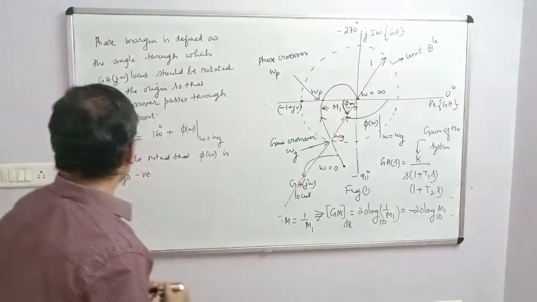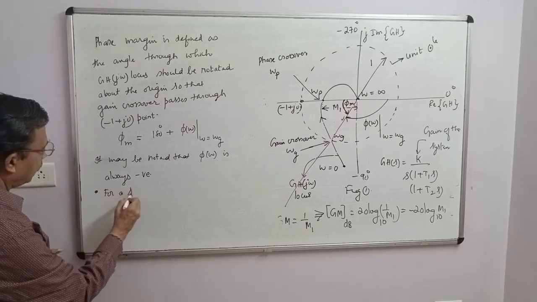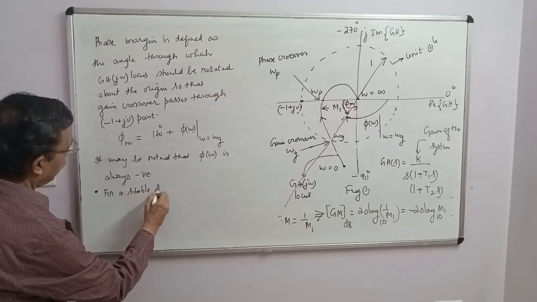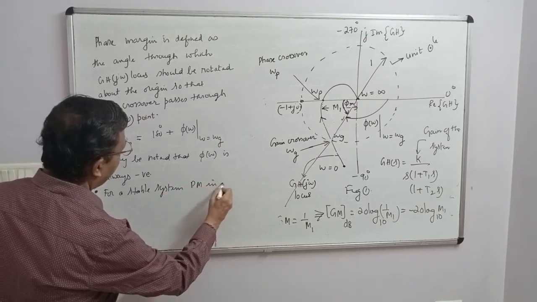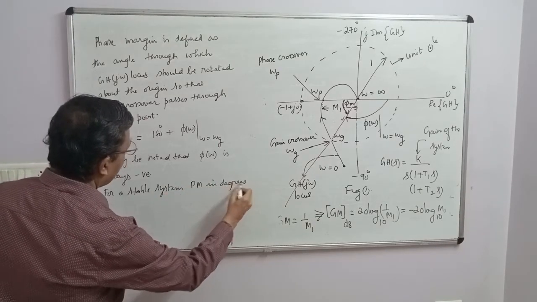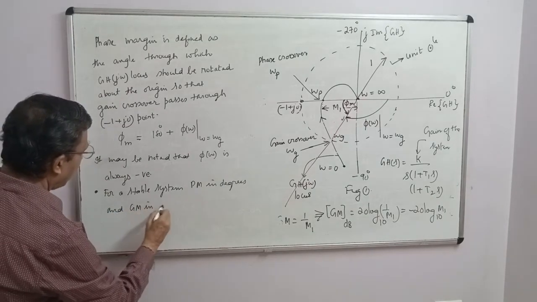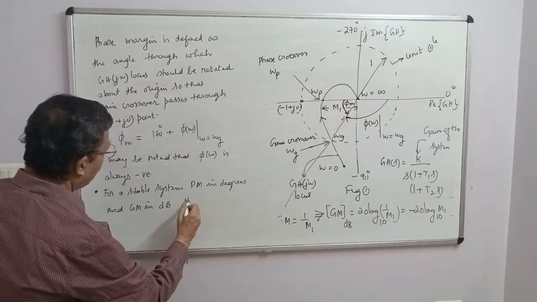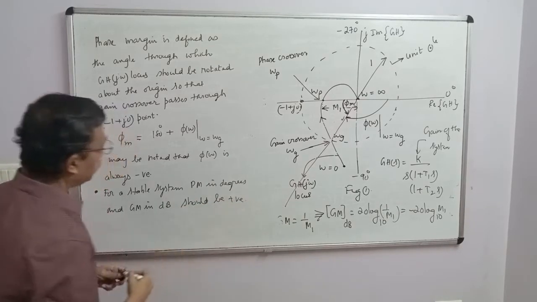For a stable system, important point, the phase margin in degrees and the gain margin in decibels should be positive.